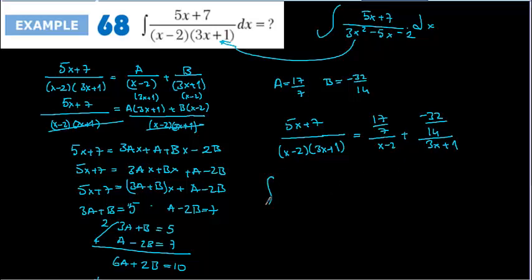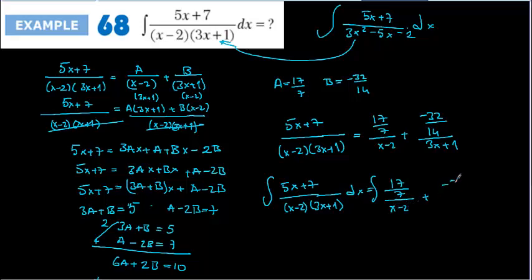If you want to get the integral of this one, it's going to be equal to the integral of 5x plus 7 over x minus 2 times 3x plus 1 dx. It must be equal to the integral of 17 over 7 over x minus 2 plus minus 32 over 14 over 3x plus 1 dx.